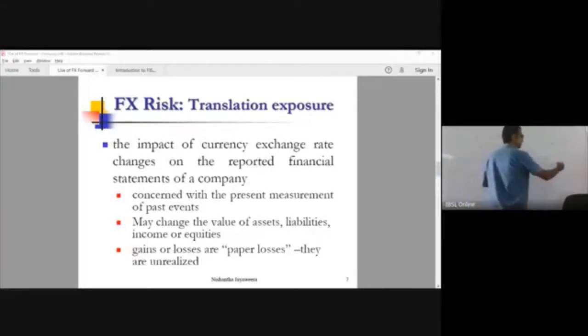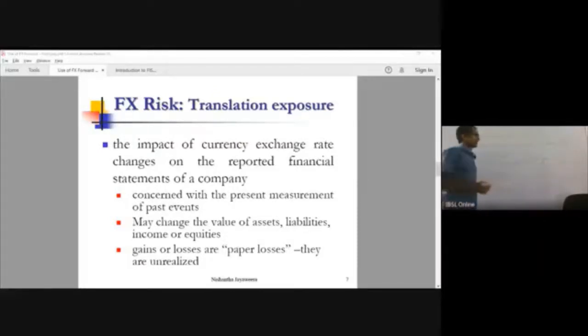Assume this is 180. At the end of December 2019, the exchange rate is 180, assume the dollar-rupee exchange rate. Then 1 million is foreign borrowing. You have only one borrowing.